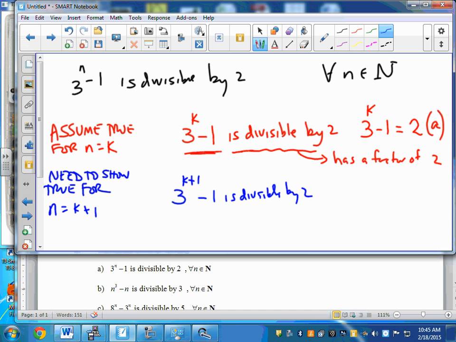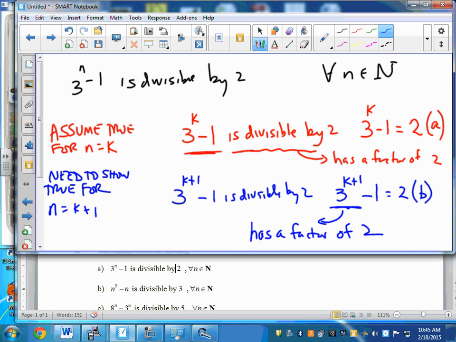Or better yet, you can say 3 to the k plus 1 minus 1 is equal to 2 times some quantity. And it's probably not going to be a. It can't be a, in fact. But let's say some other quantity b. So you have got to show that this, in fact, has a factor of 2.